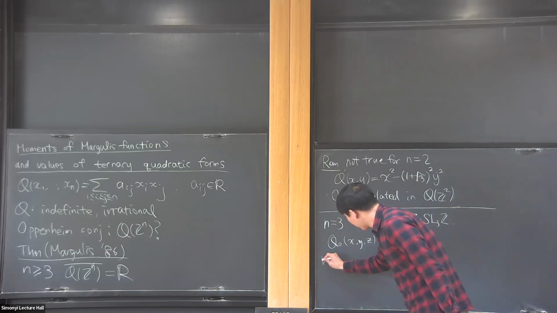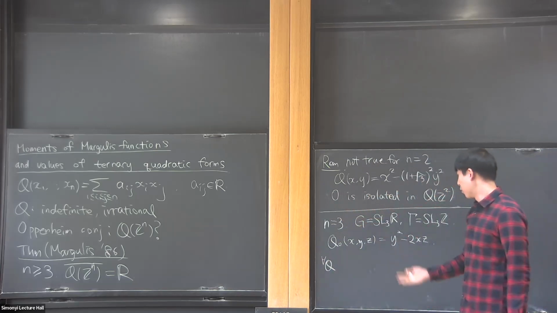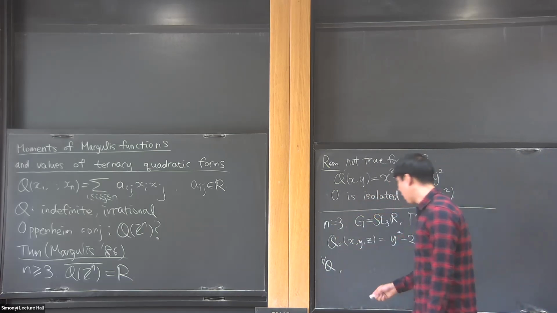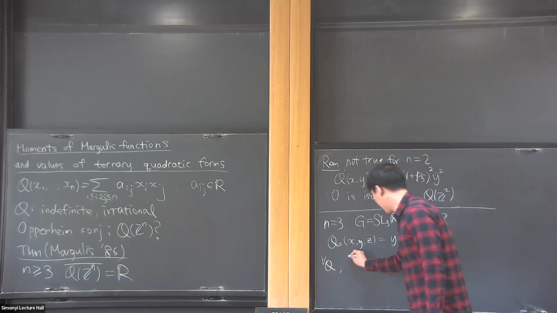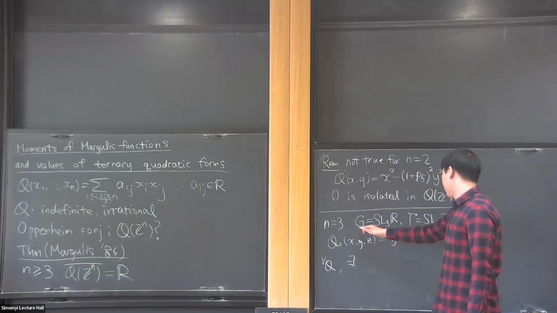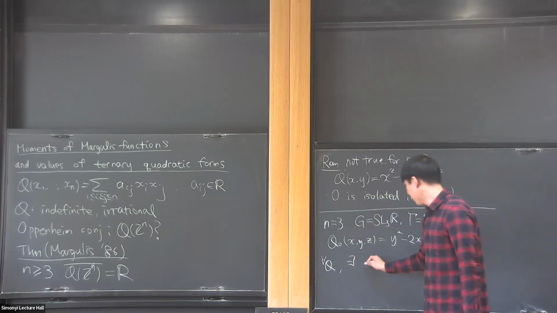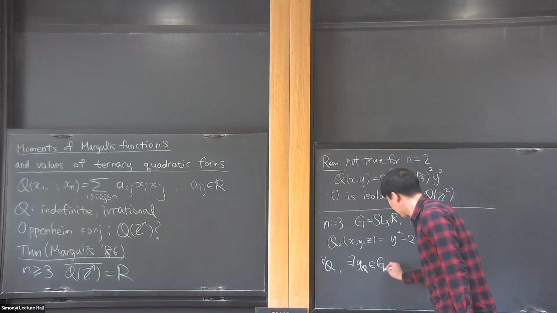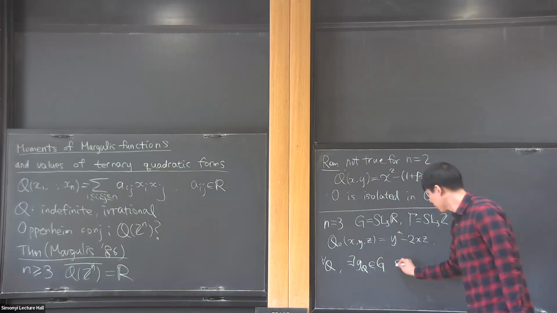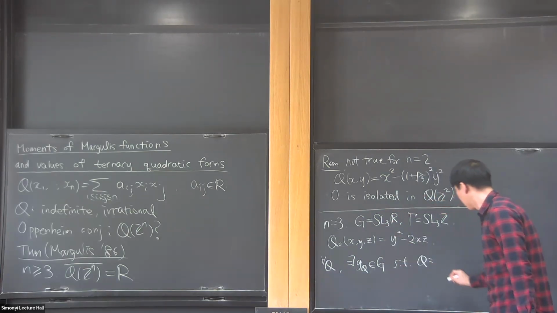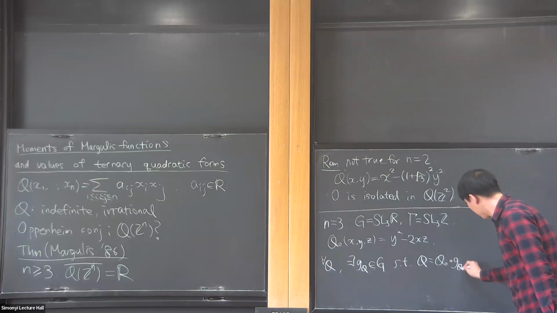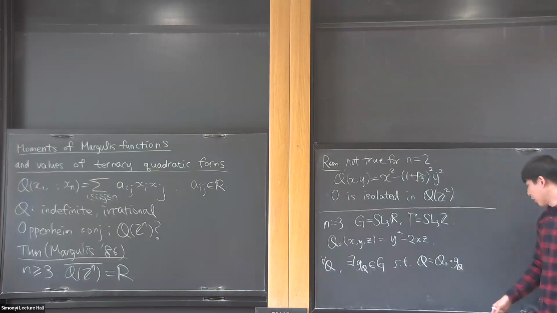Then for any quadratic form of signature 2-1 of determinant 1 up to scaling, we can parameterize such quadratic forms in terms of the elements in SL3(R). So for any such Q, you can find the element g_Q in SL3(R) such that Q is Q0 times g_Q as a linear transformation.